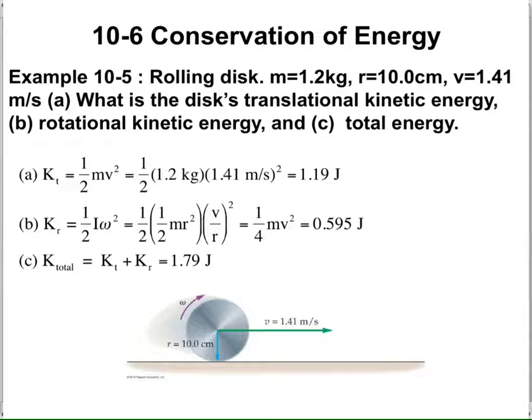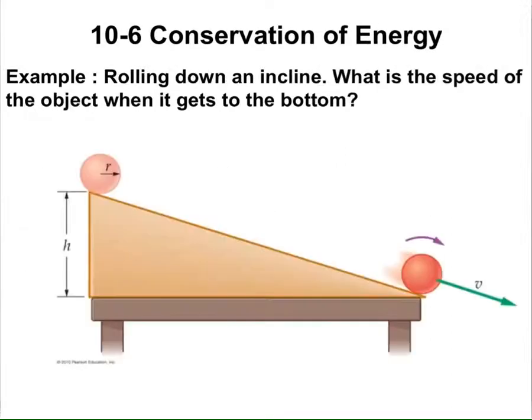And the total kinetic energy of this object, when it's going and also it's rotating without sliding, is the sum of these two, 1.79 joules. This is very important when you are calculating the speed of a round object moving on an inclined surface, and you want to find the speed at the bottom.